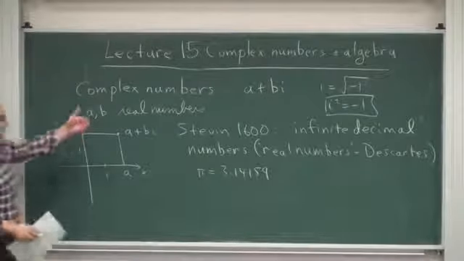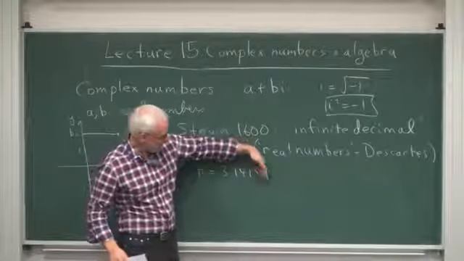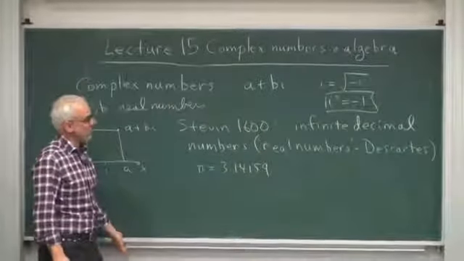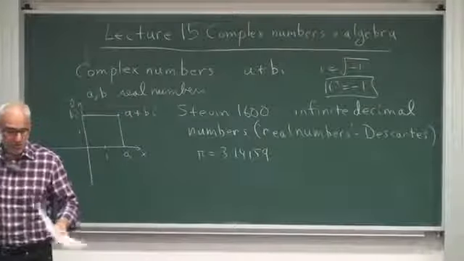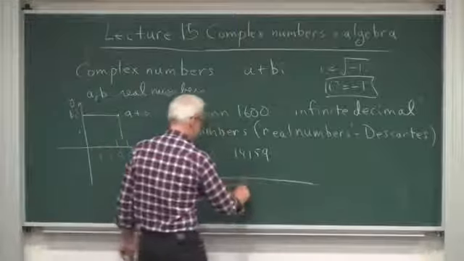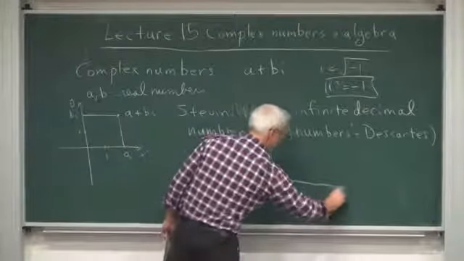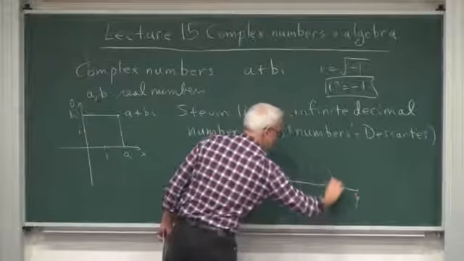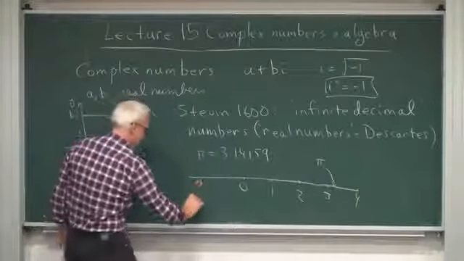And so this extended the Hindu-Arabic framework by allowing decimals that go on forever, supposedly, and people were pretty comfortable that this sort of provided a reasonable model for the line. So, for example, pi was somewhere in there, and this was thought of as the real line.